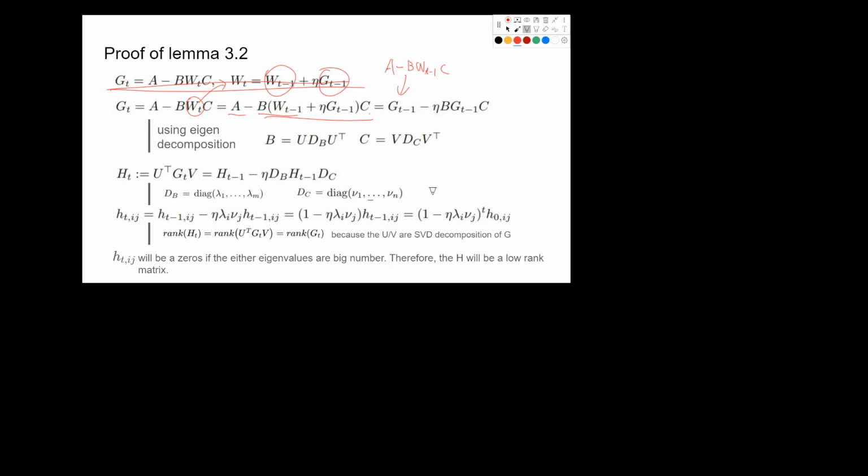And the second item here is lambda B GT minus 1 C.